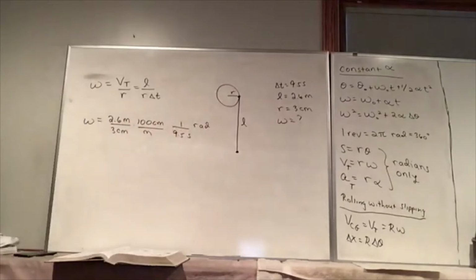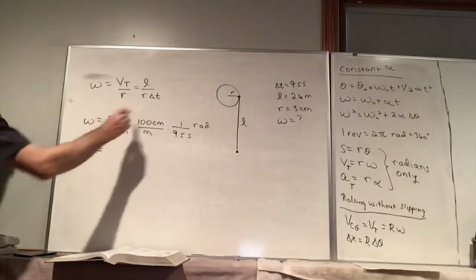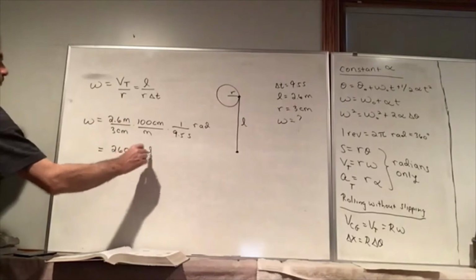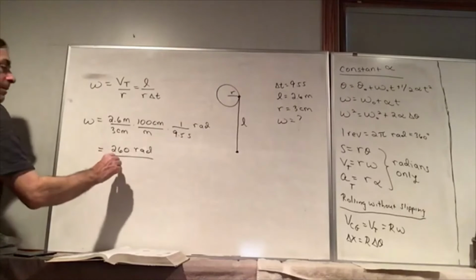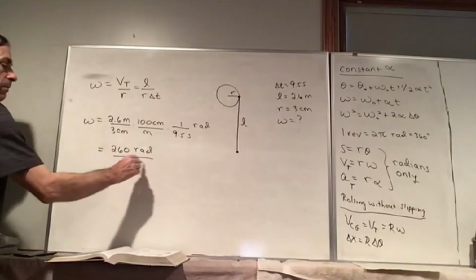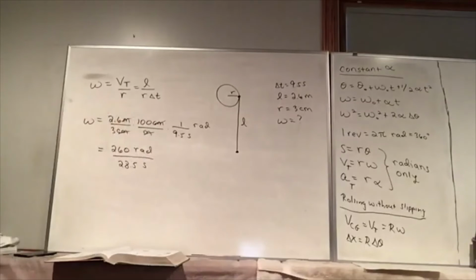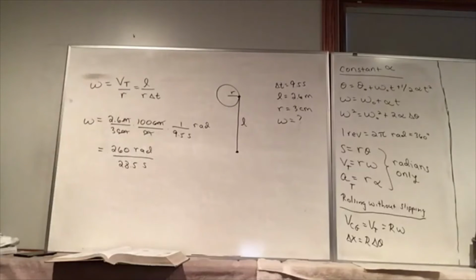because it's implied. So here we have, 2.6 times 100, we have 260 radians, divided by 28.5 seconds. Centimeters and meters cancel out, and so that ratio L over R is dimensionless, and let's plug that in.